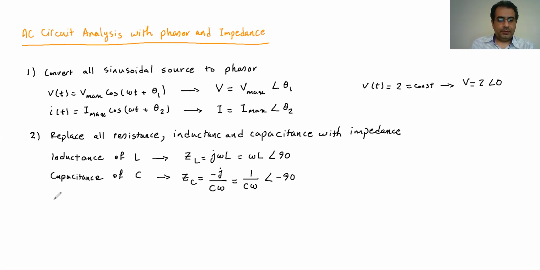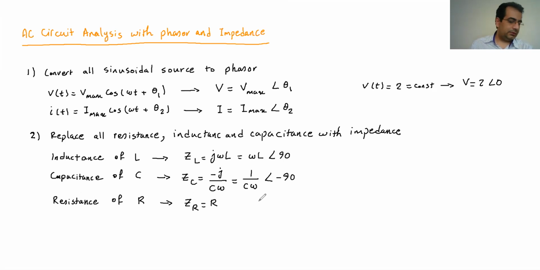And for a resistance R, the impedance is just R, or you can write it as R with angle of 0. It's a constant, so it's not going to be much different from that.